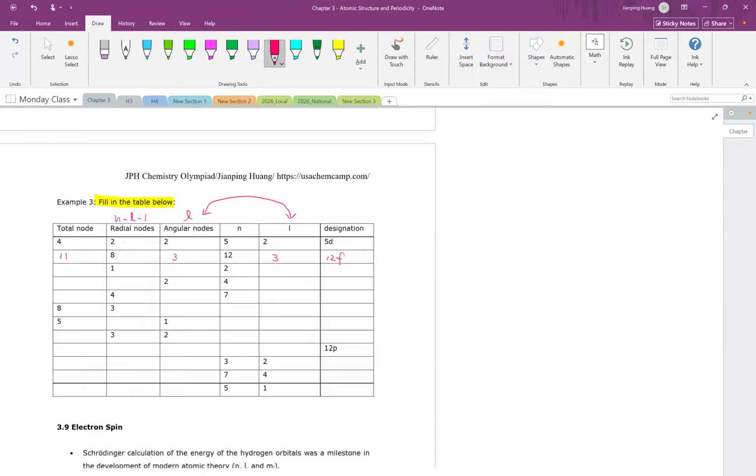Go to the next one. Here n equals 2. Now total nodes should be 1, radial nodes should equal 1, and angular nodes should equal 0. Because it is 0, L should be 0, and that should be 2p. Any question, class?